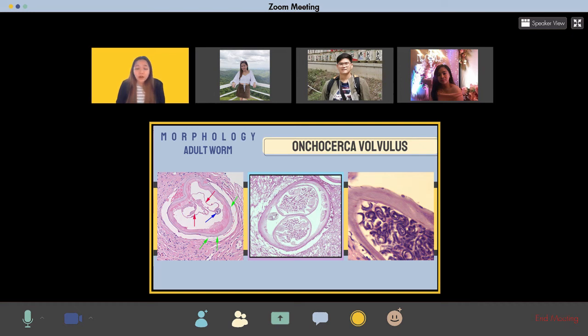So again, we were not able to retrieve pictures or images of the adult worm of the male sex. However, the female and the male adult worms have similar structures except for the presence of the uterine tubes of the females. So that's all for the morphology of the Onchocerca volvulus.